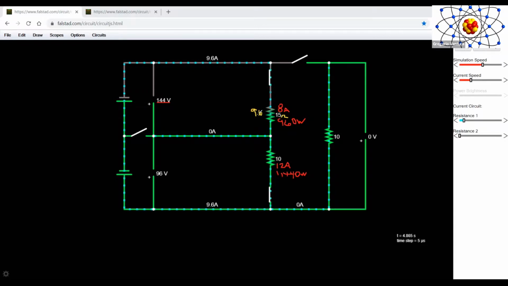When we multiply this 9.6 amps and use our formula that says that power is equal to I squared R, we'll be able to determine how much is the power output on that device. So 9.6 squared times the 15 ohms.